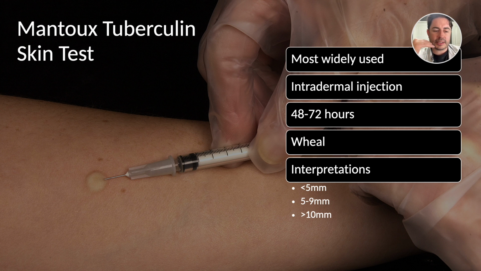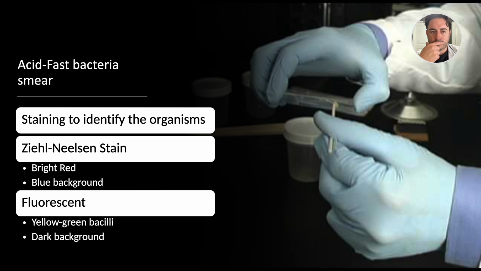It just tells us that we've been exposed to the TB bacilli. And there could be a possibility that they have developed cellular immunity to the bacteria, which is a fancy way of saying that the patient has latent TB. They're in the latent or dormant phase of TB.